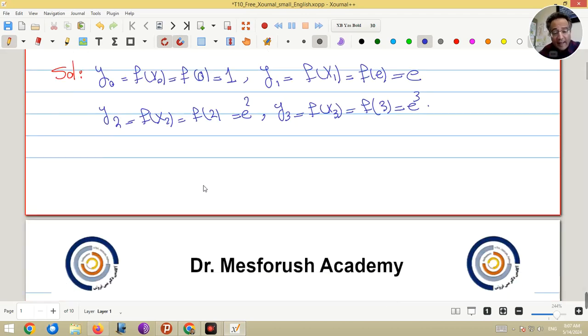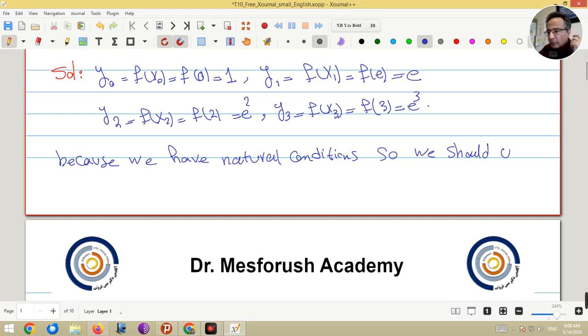Now, because we have the natural conditions, we should use s double prime at 0 equal to s double prime at 3, and this should be equal to 0.